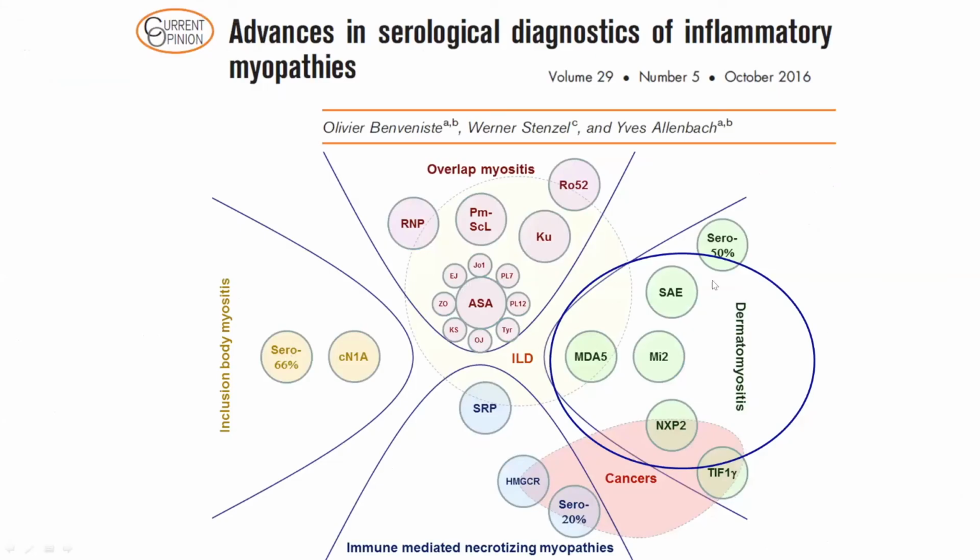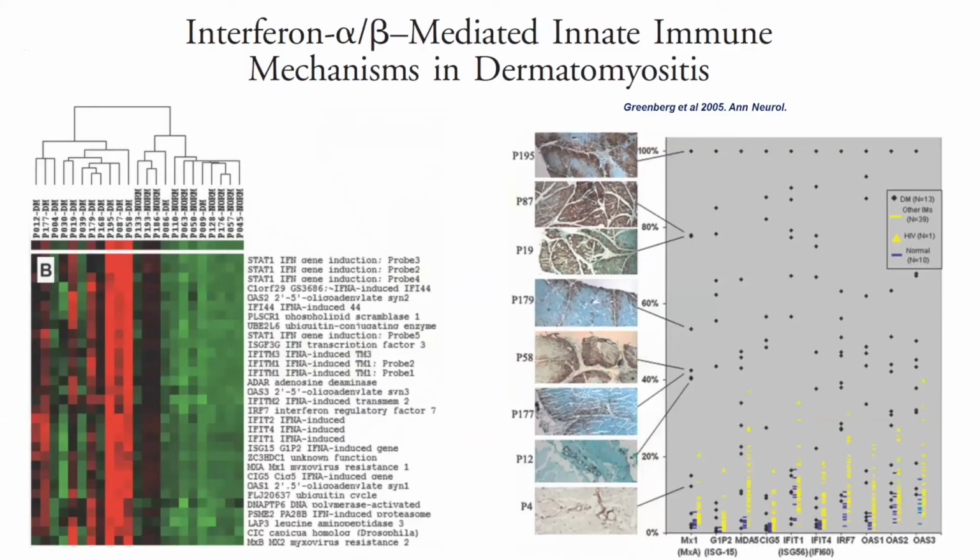So I move now to the dermatomyositis subgroup with all these auto-antibodies. Steve Greenberg was the first to show by RNA-seq strategy that compared dermatomyositis muscles to healthy donors muscles, you can observe mRNA activations of a lot of cascade of mRNA and proteins linked to the system defense against viruses, which is the interferon type 1 pathway.